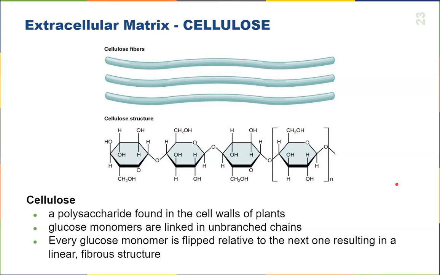And the cell wall is mostly for structure. Remember, plants don't have bones, so they have this tough cell wall, which is made of cellulose, and that is a polysaccharide. It's nice and straight, and it's just this repeated over and over forever, right? So, a nice fibrous structure, not easily broken down by animals.